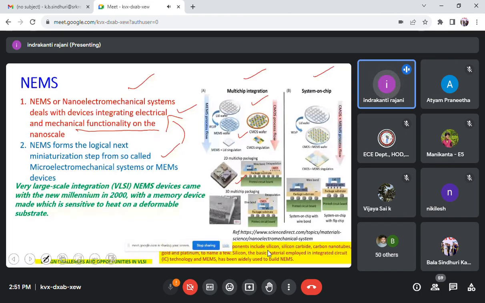Printed circuit board is the next generation, because for this printed circuit board nowadays conduction ink is playing a major role. I want to show how that conduction ink was prepared by one of our student teams, and recently they presented their paper in an international conference and are going for a Scopus indexed journal also. So in this printed circuit board, there will not be any components and no connections between components.